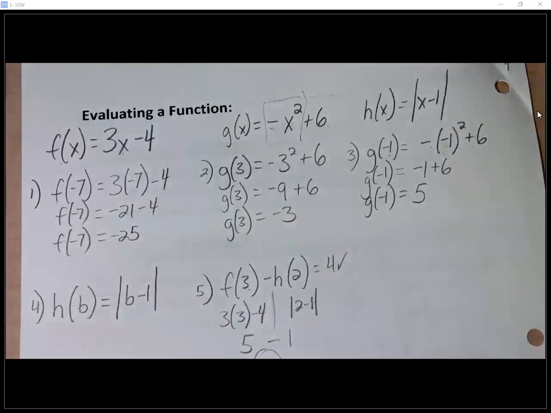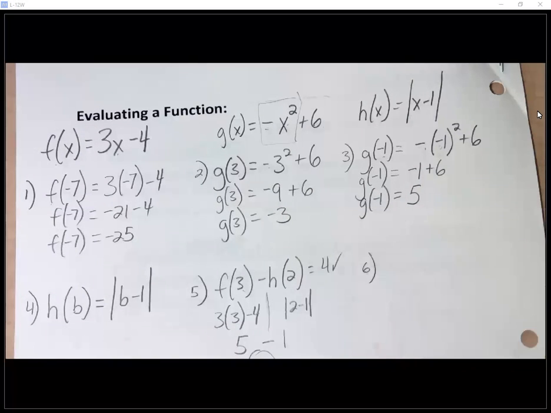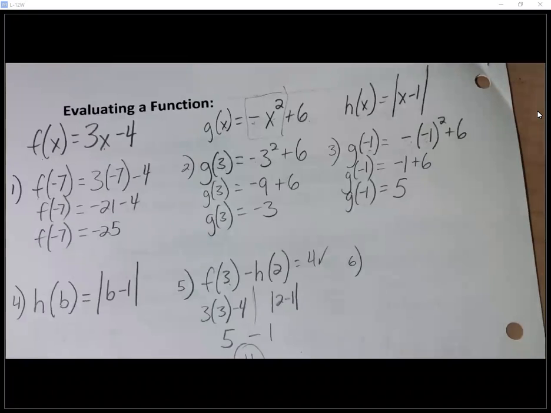Okay, easy enough? Let's see how you feel about this one. What if I asked you to do f of x plus 3?